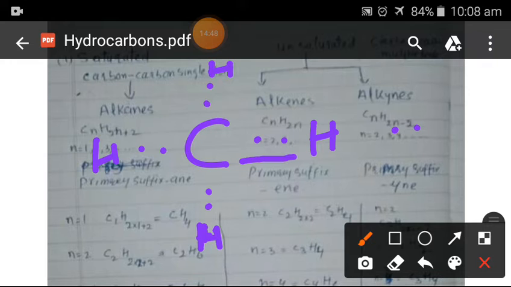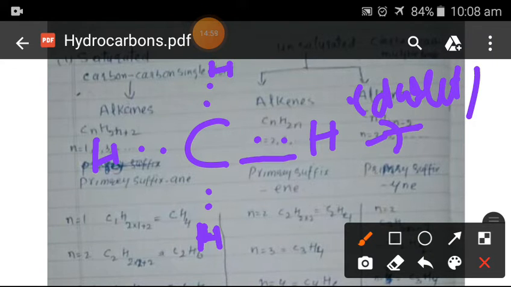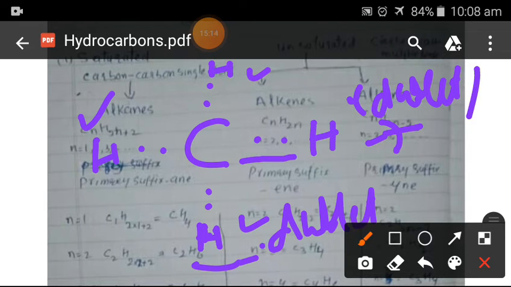So each bond is formed by 2 electrons, but here the hydrogen gets a duplet. Hydrogen getting a duplet means it gets stable. This hydrogen also gets two electrons in the outer shell, so it is complete. So the duplet of hydrogen is achieved here. But what will be the case of carbon?